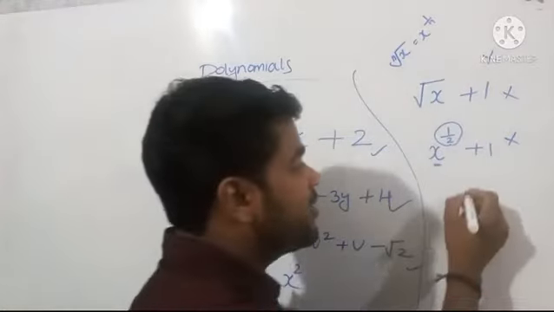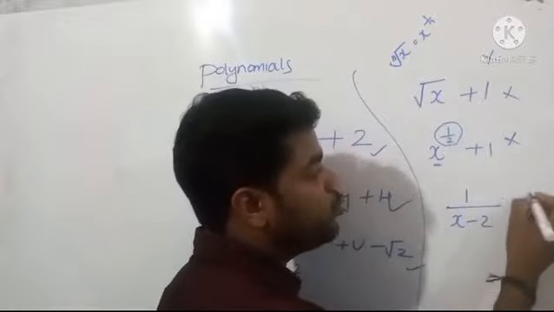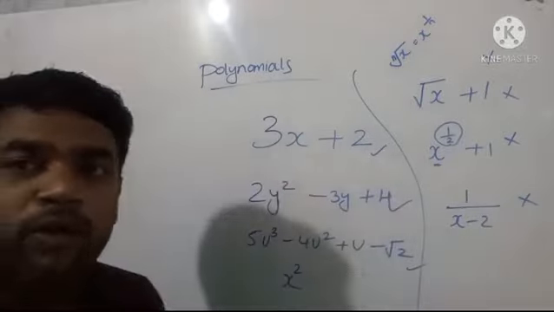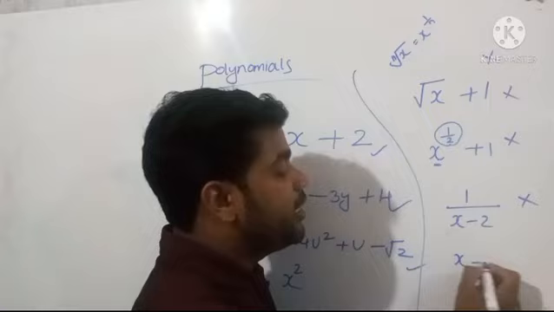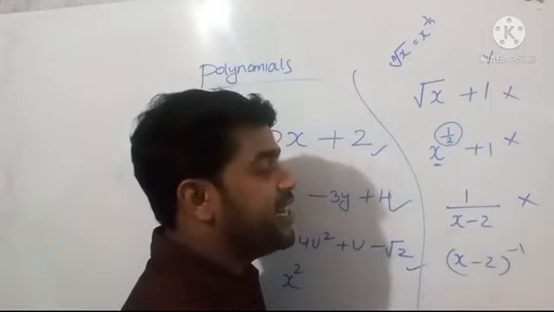And 1 by x minus 2 is also not a polynomial, because 1 by x minus 2 can be written as x minus 2 whole raised to minus 1.